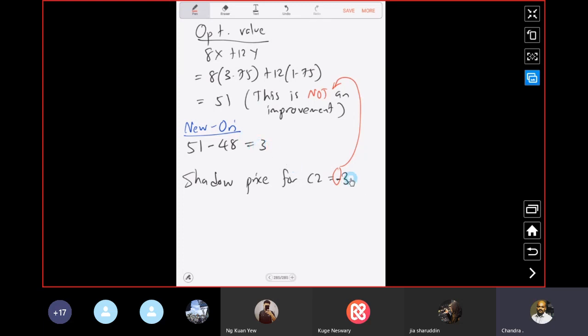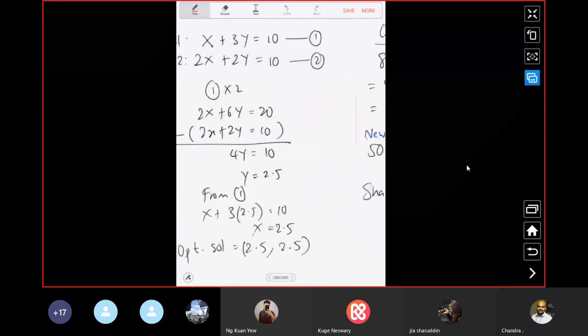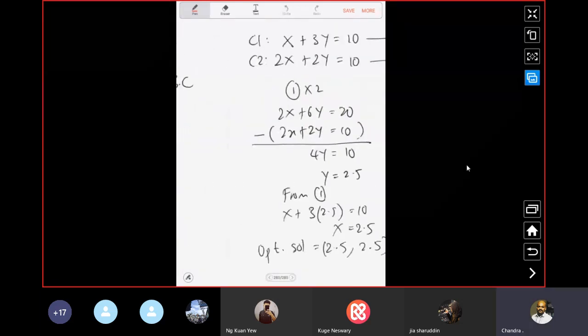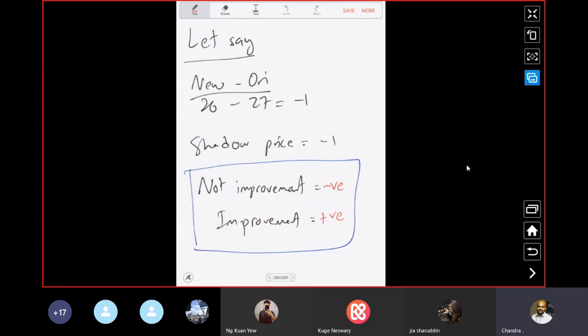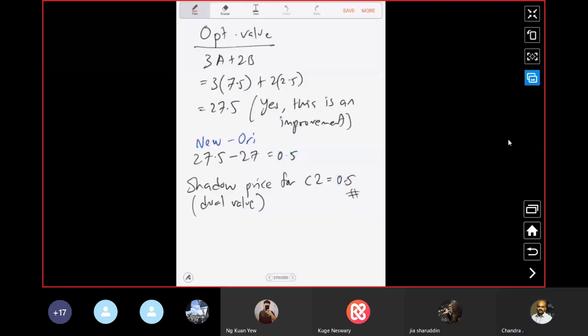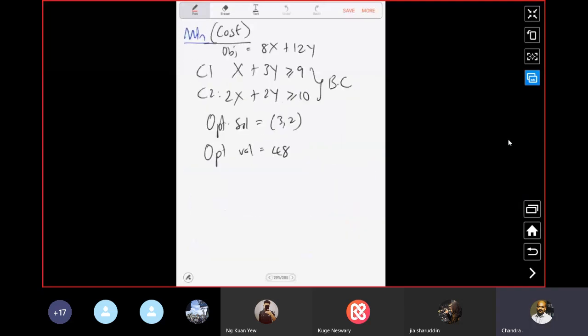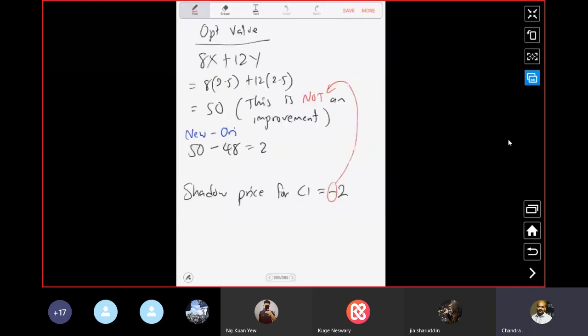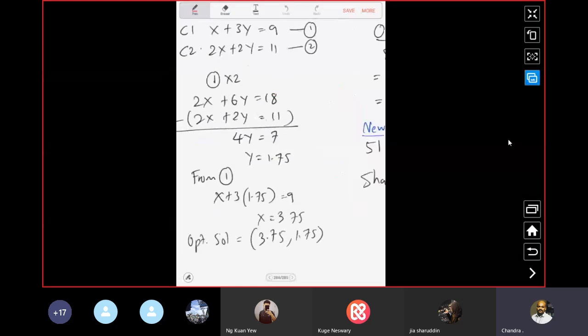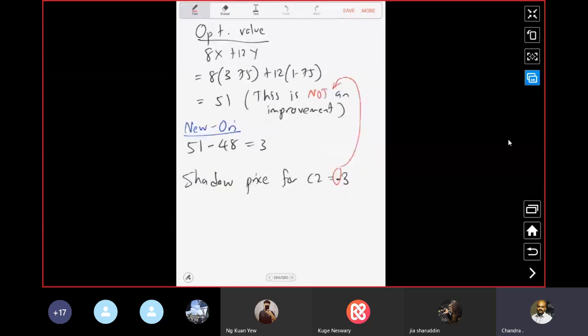If you have negative here, you write positive. For maximum, you just follow: negative means negative, positive means positive. That's how we write shadow price for the linear programming model for maximum and minimum.